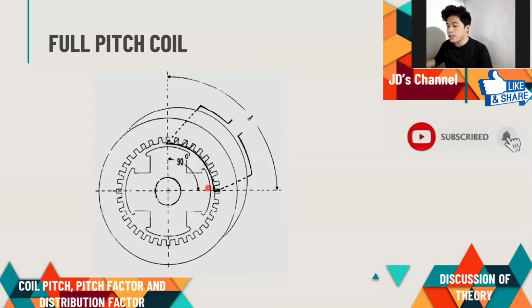And so the angular distance between the coil sides of a full pitch coil is also 180 electrical degrees. So that is the full pitch coil, class. Full pitch coil is equal to 180 electrical degrees.